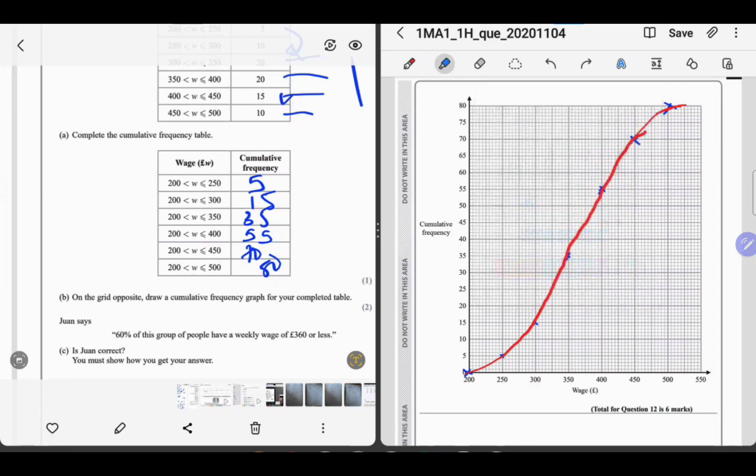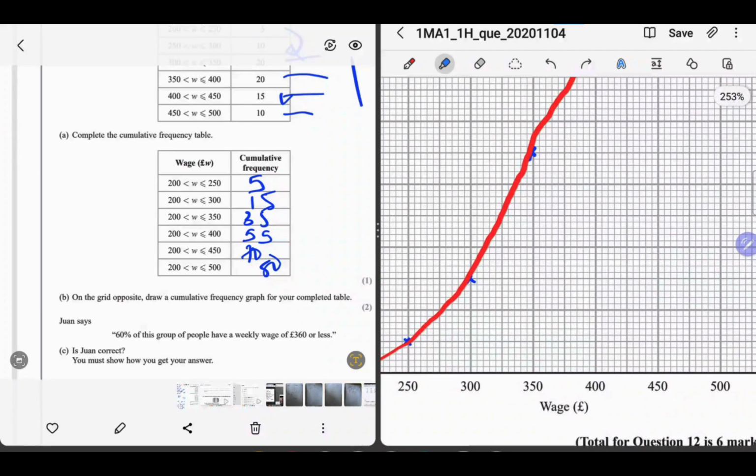Okay, so 360, if this is 350, this is 400. It increases by 50. 50 divided by 10 makes 5. So it increases in 5. So 1 square unit is 5. If 1 square unit is 5, that means 360 will be right over here.